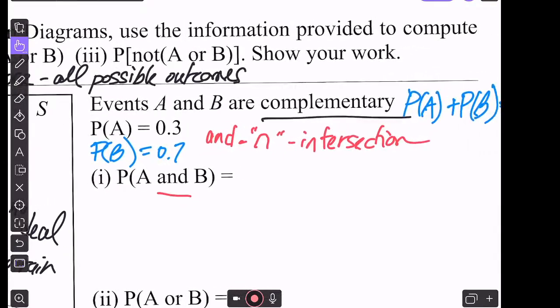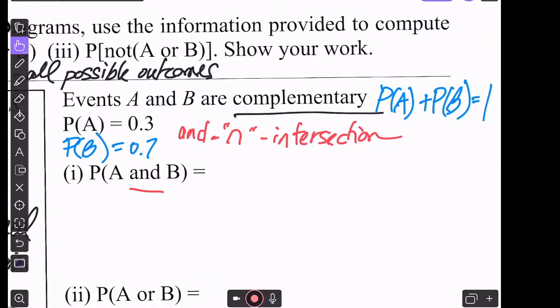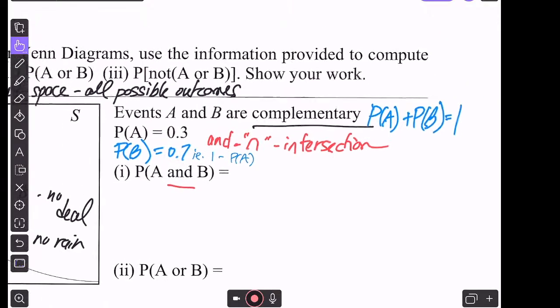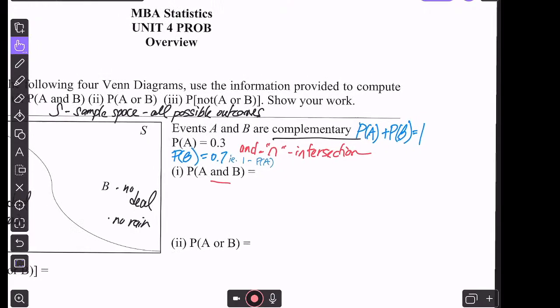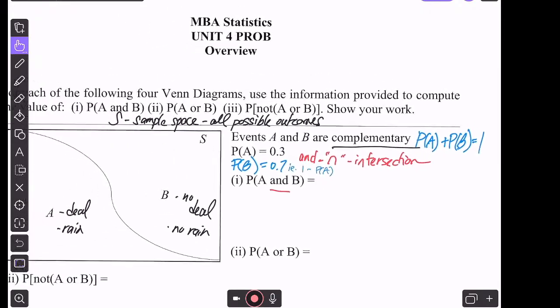So what you did to calculate that is you knew A, so you computed 1 minus probability of A, because together they make 1.